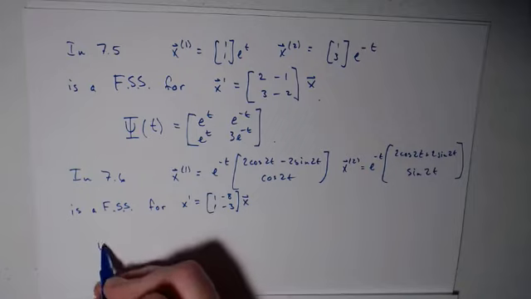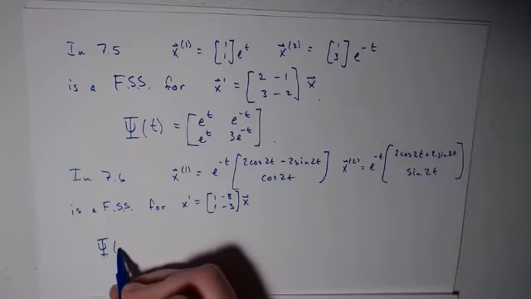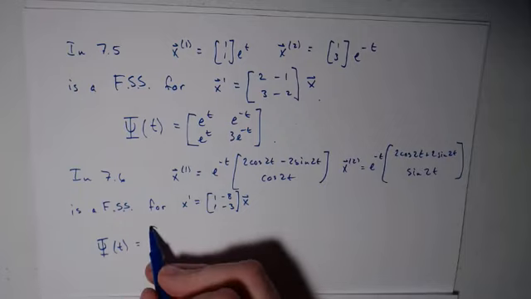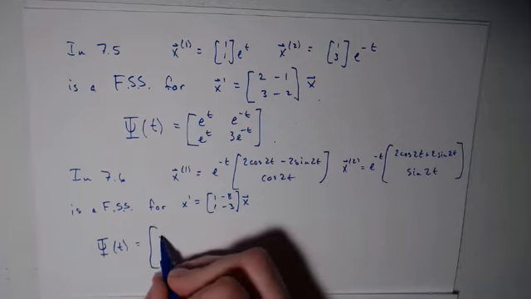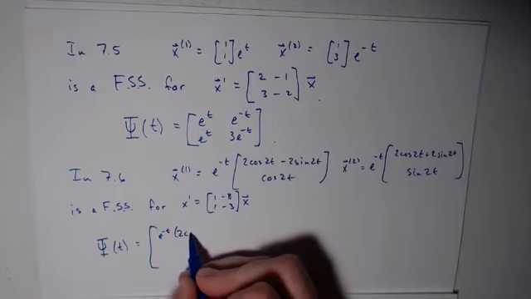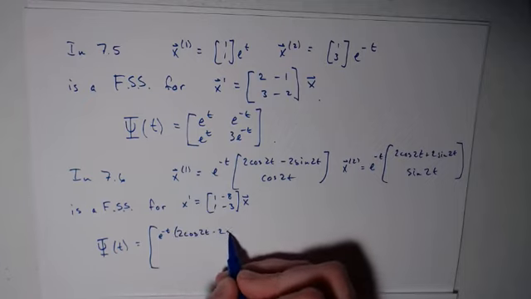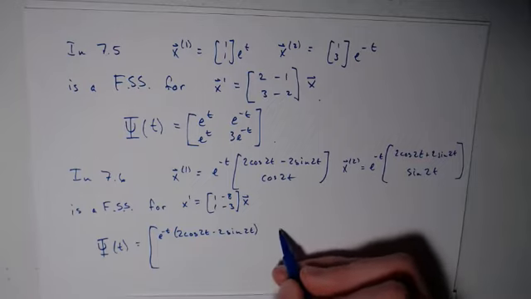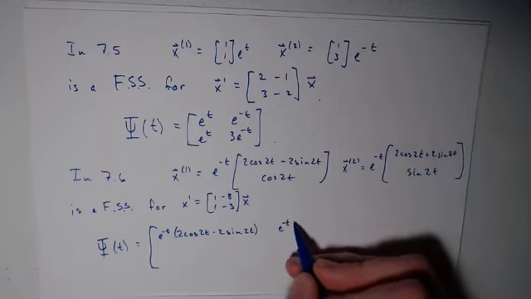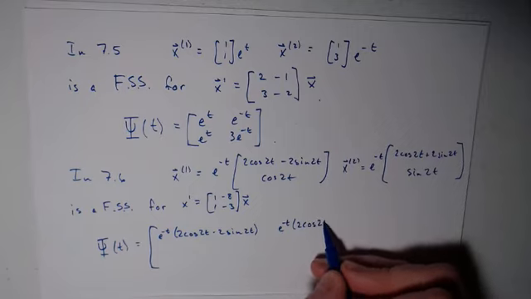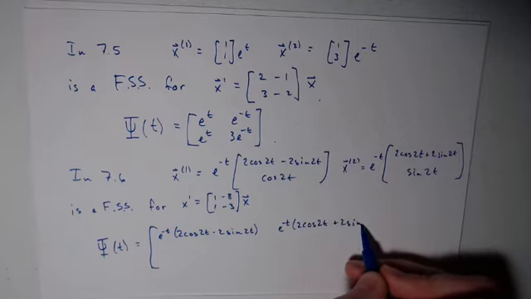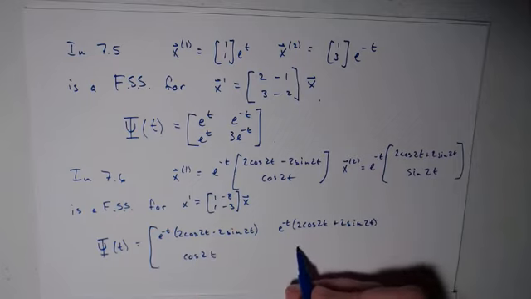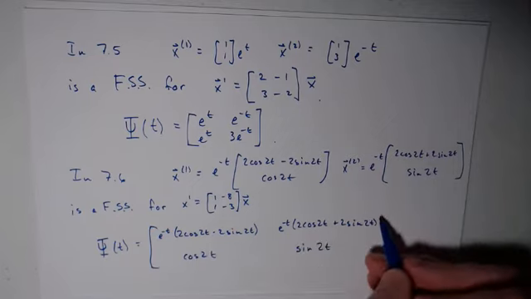And so in this case, our psi is going to be e to the negative t times 2 cosine 2t minus 2 sine 2t, e to the minus t times 2 cosine 2t plus 2 sine 2t, cosine 2t, sine 2t.